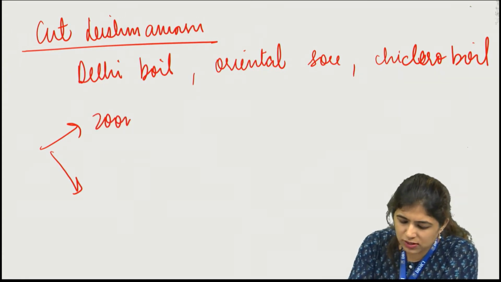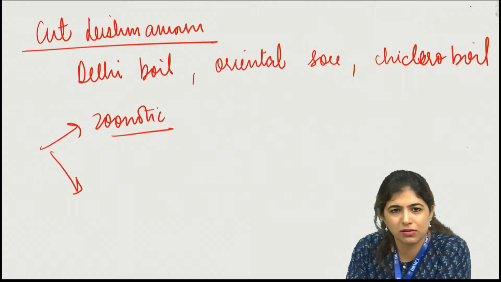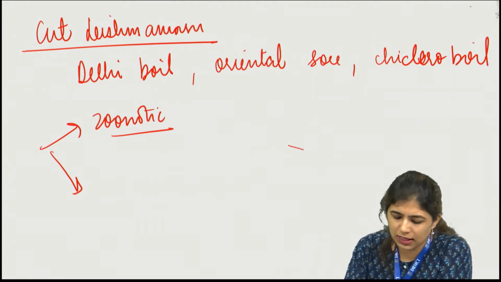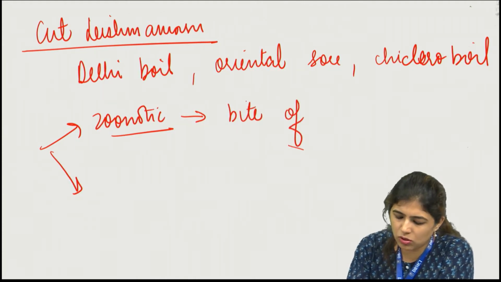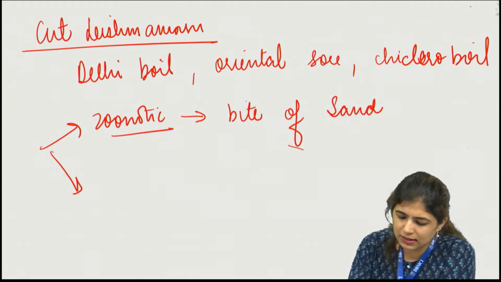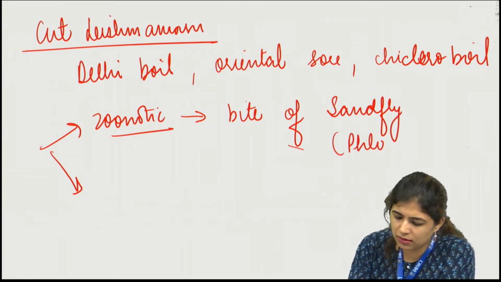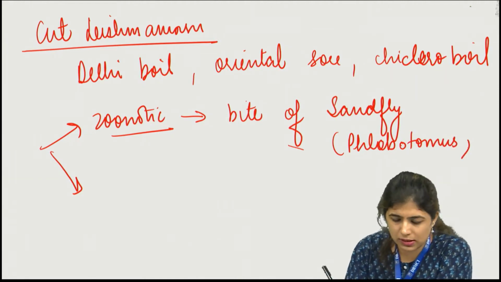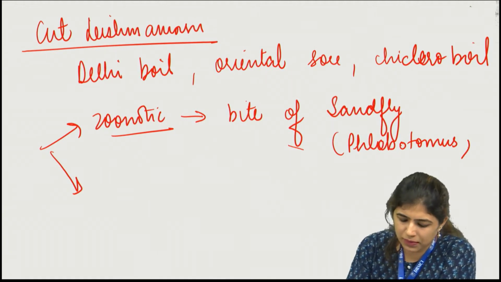Most of these are actually zoonotic disorders transmitted by the bite of an animal to the human. In this case, the bite is of the vector called sandfly, scientific name being Phlebotomus.